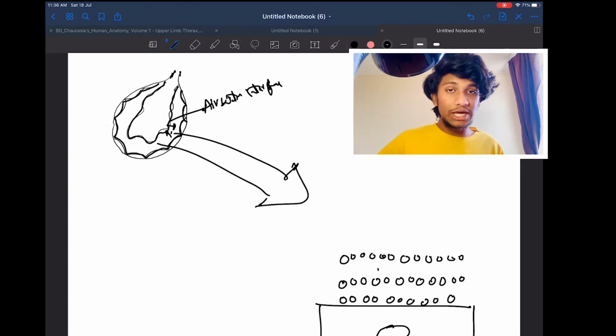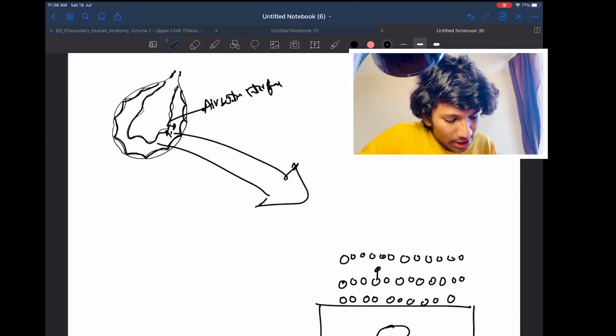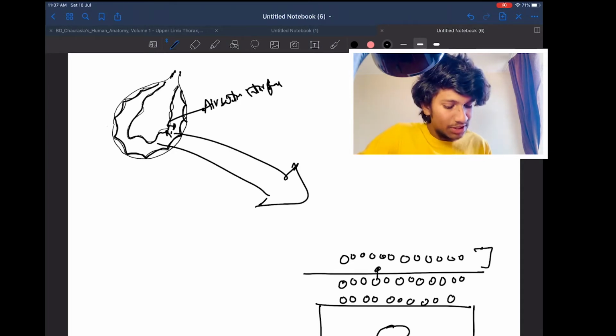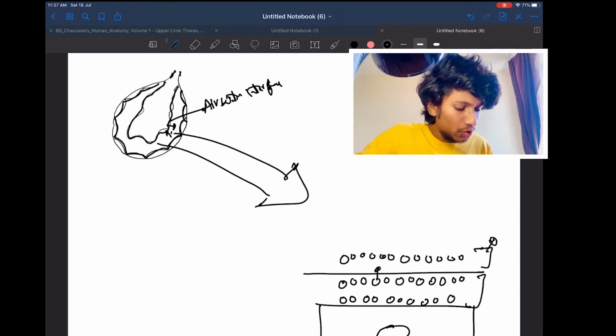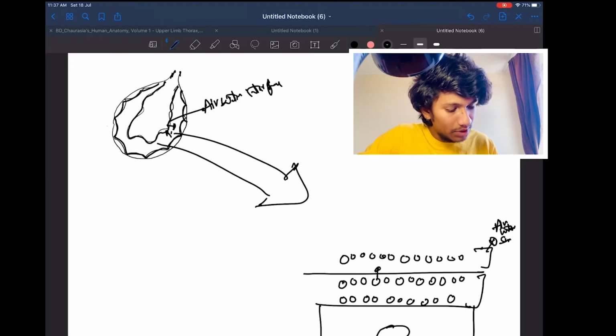Let me say one thing clearly. These are the air water interface surface molecules, and these are the bulk flow molecules.